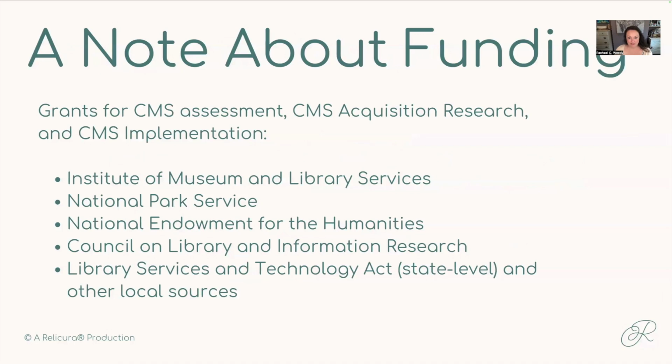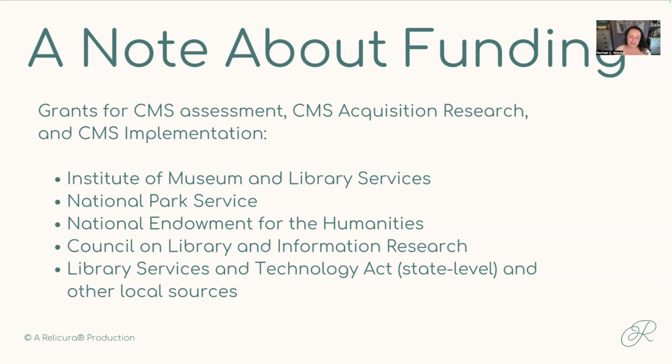A note about funding. Because this process can be long and costly, at least with just the one-time fees, let alone the annual fees, there are some federal grants available that could help you go through at least part of the process. The most common federal ones are the Institute of Museum and Library Services, IMLS, National Park Service, National Endowment for the Humanities, and the Council on Library and Information Resources.